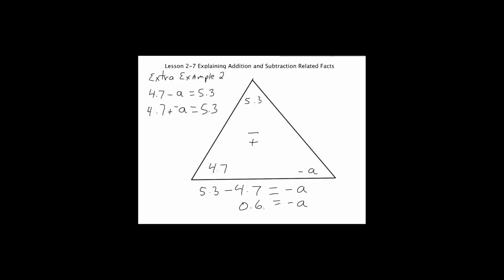A -1 times 6/10 is a -6/10. A -1 times the opposite of A is A. Okay, it's a new property, and this is the multiplication property of equality. If we multiply both sides of the equation by the same value, all terms, we get an equivalent statement, an equal statement.